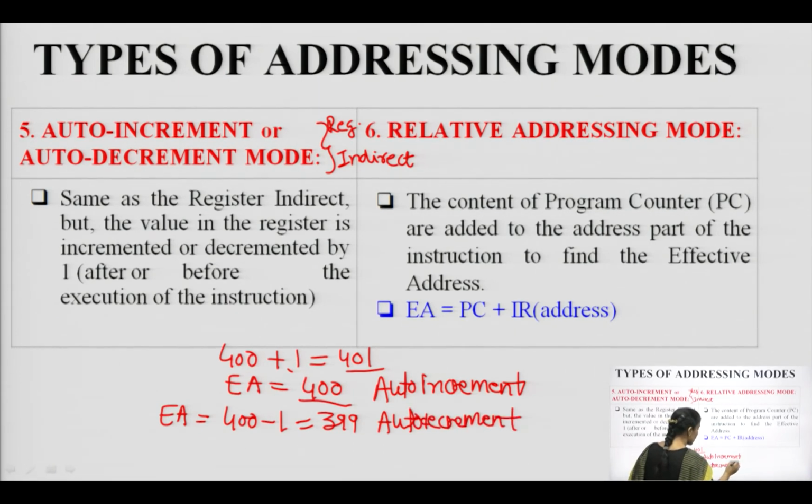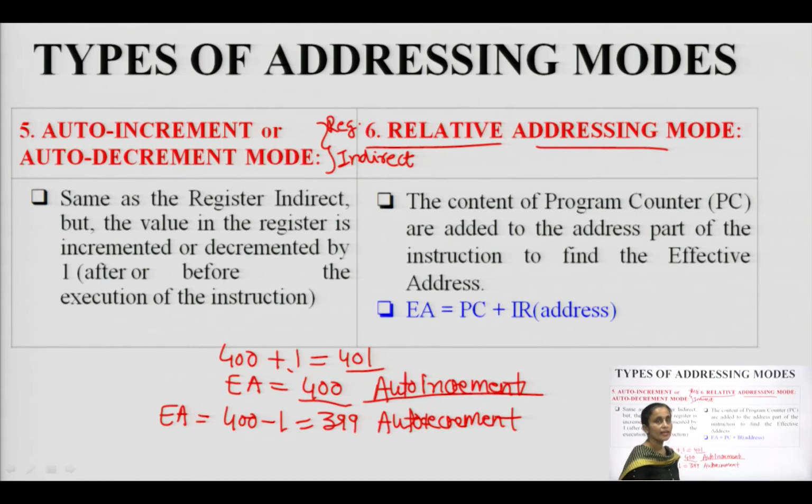Remember, increment takes place post and decrement takes place pre. So, my effective address will be 399 in case of auto decrement, and it will be 400 in case of auto increment.